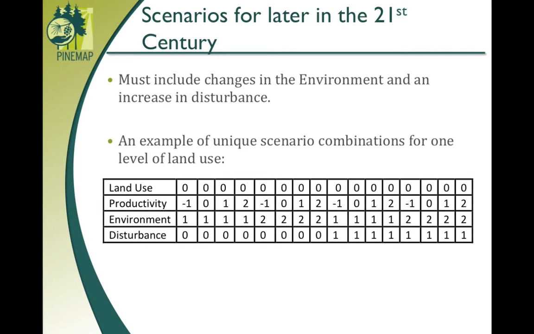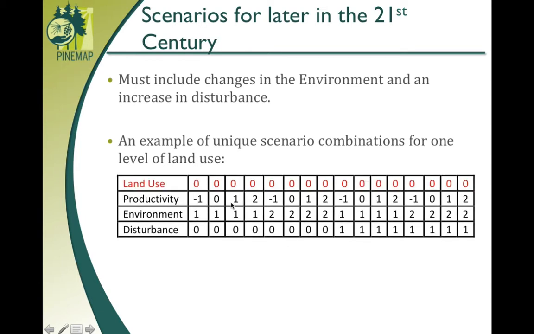Because we really, for the mid part of the century and the end of the century, we do need to consider changes in the climate and CO2 concentrations, and we do need to consider increases in disturbance. So there are, I believe, 16 combinations in this, and this particular scenario set is just assuming that land is constant. We've got the same amount of plantation land as we had before for the rest of the century.